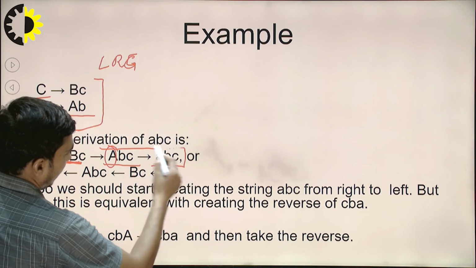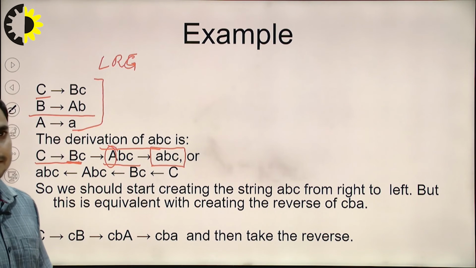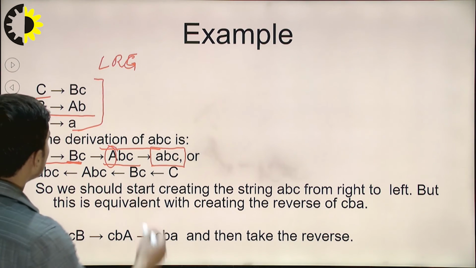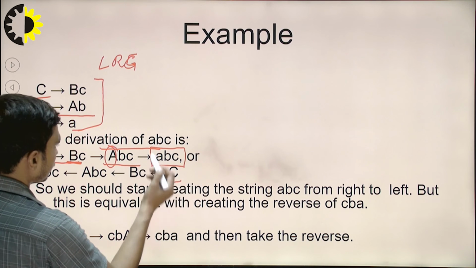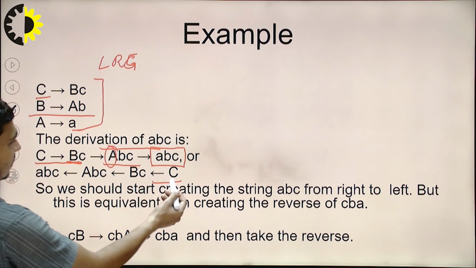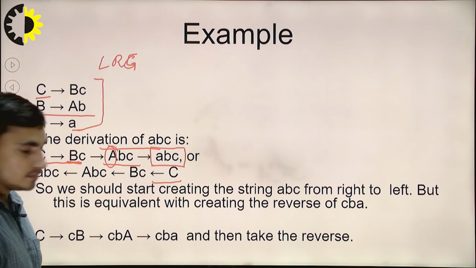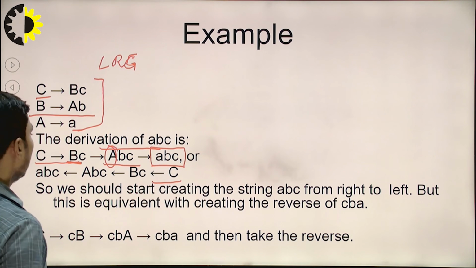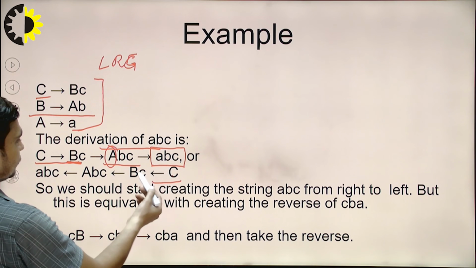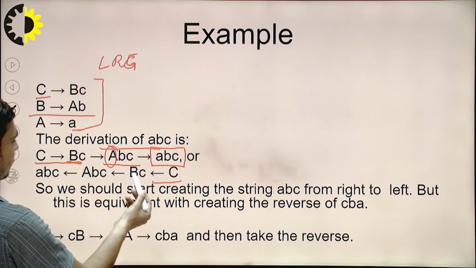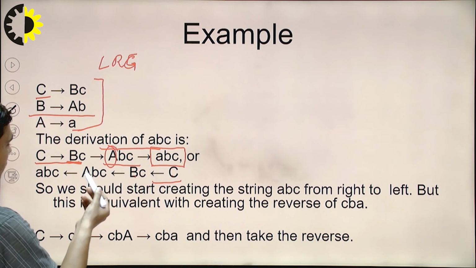So finally, we will have this small abc string. Or we can also generate this recursively in reverse order: again we have C to BC, then B to AB, and A to small a.